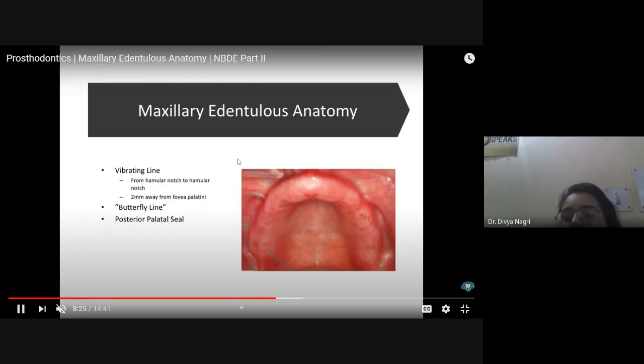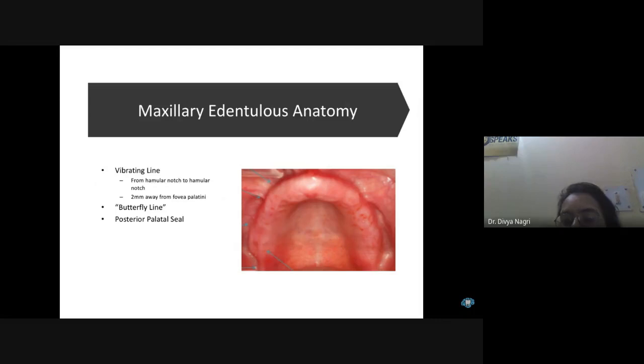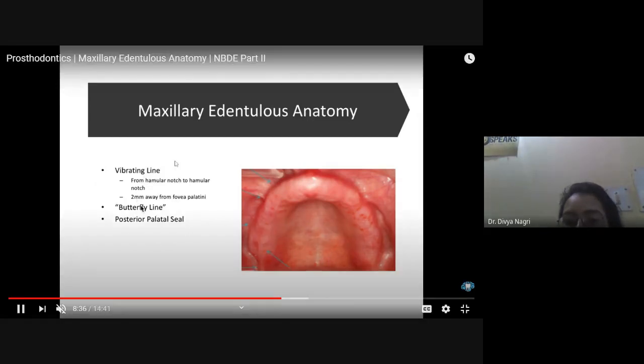We are discussing the basic anatomical structures of the maxilla in order to have a very brief view of what these structures are. So we talked about the vibrating line, the butterfly line, the posterior palatal seal. Till now we have discussed the alveolar ridge, the labial frenum, the buccal frenum, the labial vestibule, the buccal vestibule, the hamular notch, and the posterior palatal seal.